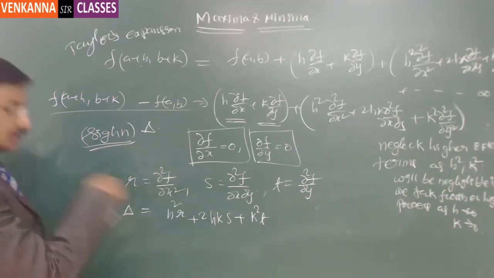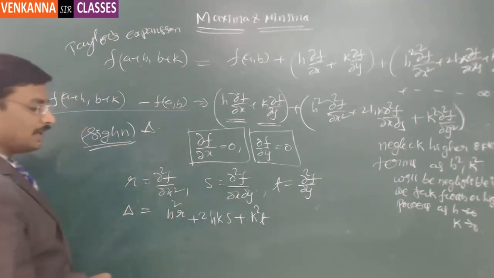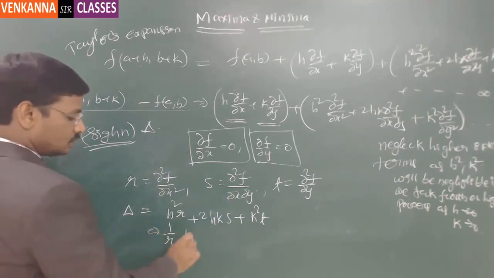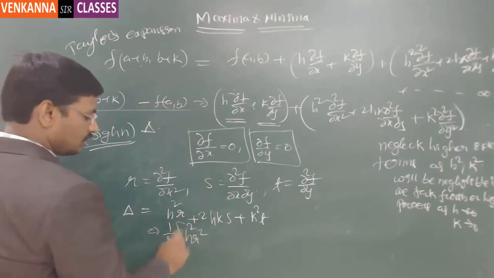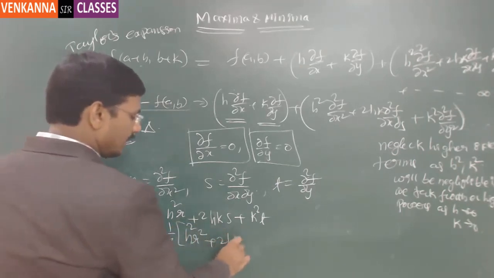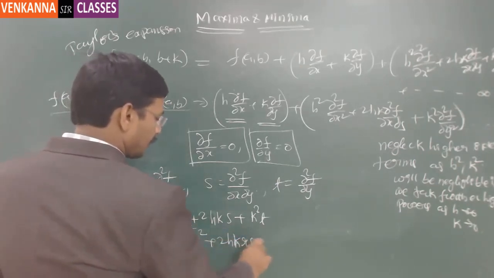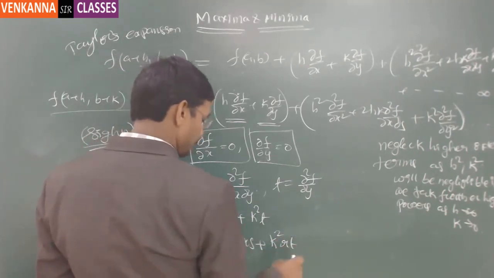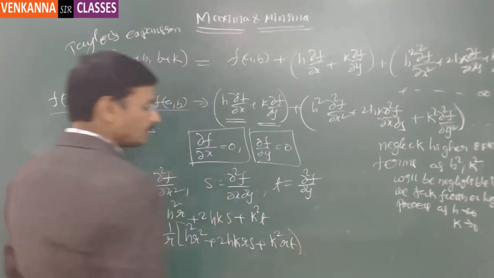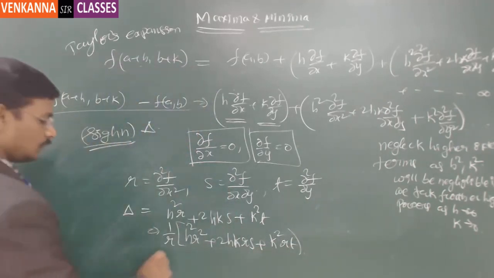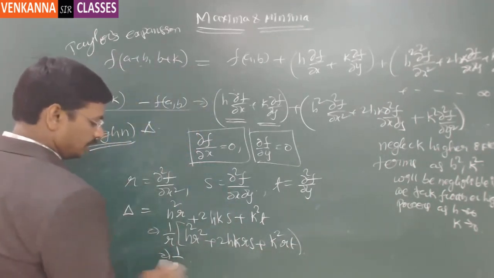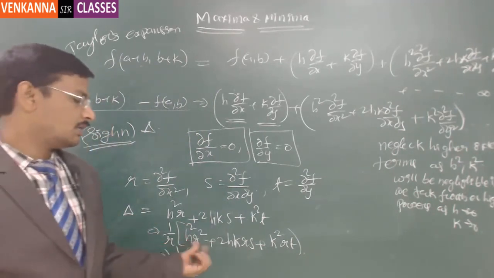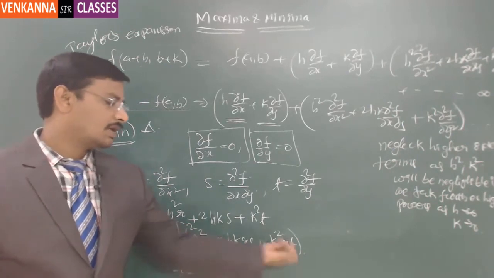Got it? Now I wanted to make this also independent. For that, what I will do is multiply with r and divide with r, so that this is h square r square plus 2hkrs plus k square rt. Got it? Now this is 1 by r times of h square r square plus 2hkr into s plus k square rt.